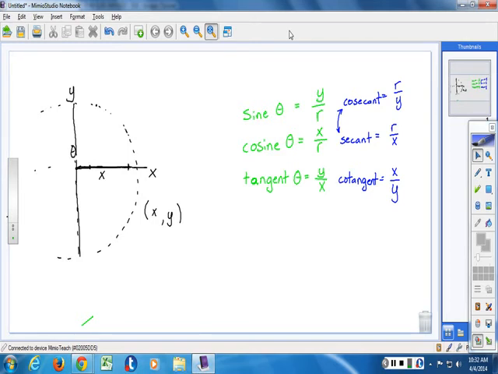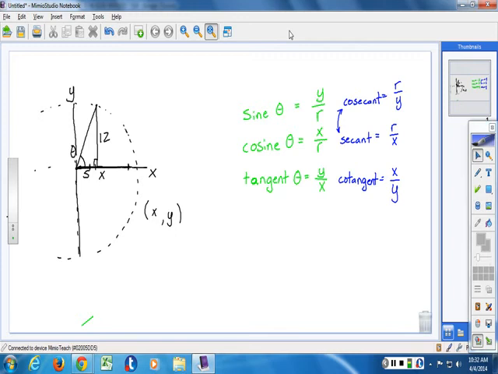So I'm just making a reasonable estimate of if this is 5 and this is 12. Still the right triangle? Yep, still got a 90-degree angle.